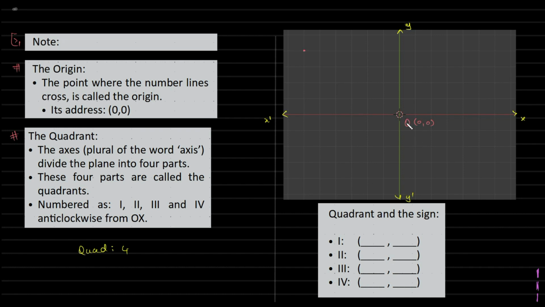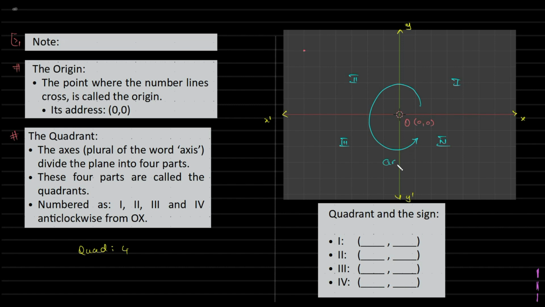This is your XO or OX, and anti-clockwise is this direction. It is opposite to the motion of the clock. This is clockwise direction. This is how a clock rotates, is it not? Anti-clockwise means in this direction. So starting from this space, you move on to this, this and the last one, fourth. So first, second, third and fourth. So these are your 4 quadrants.